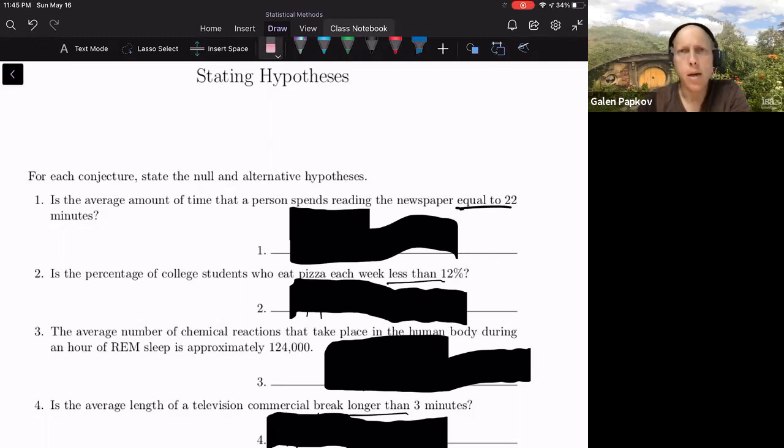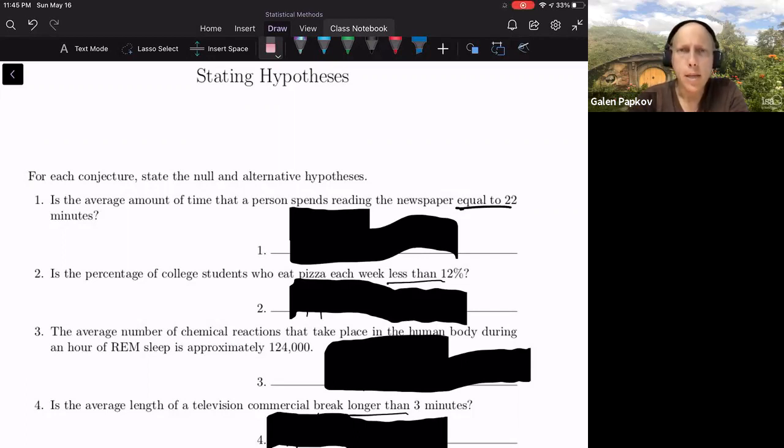Now in homework, and oftentimes you might see in problems, you need to try to identify the claim in your hypotheses. In practice, more often than not, the claim is going to be your alternative hypothesis. But as you'll see in some of these examples, it could be that the claim is the null hypothesis.